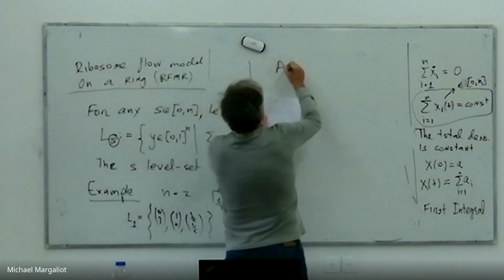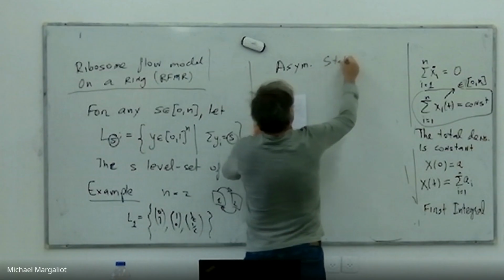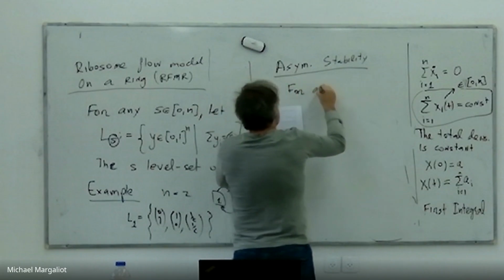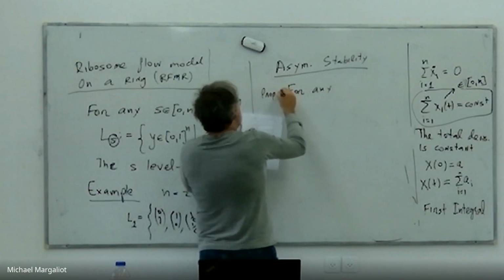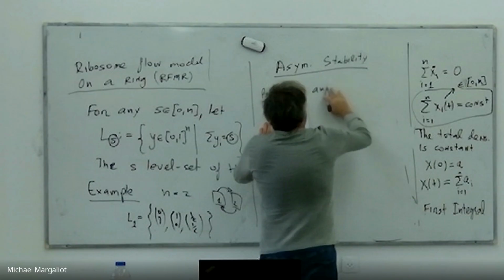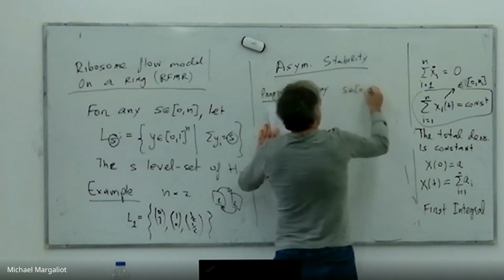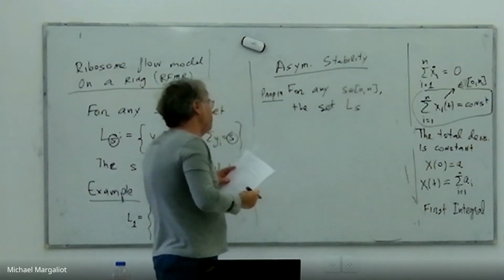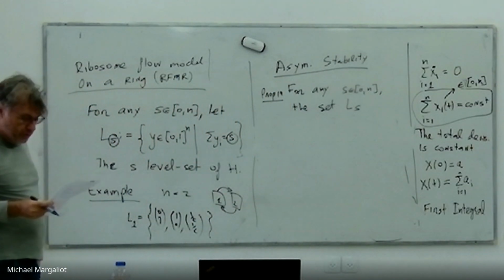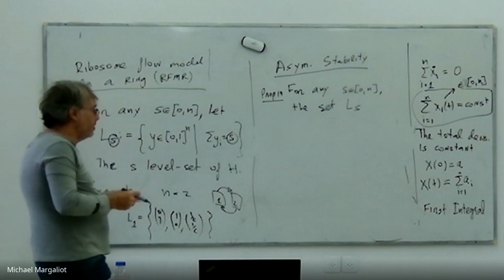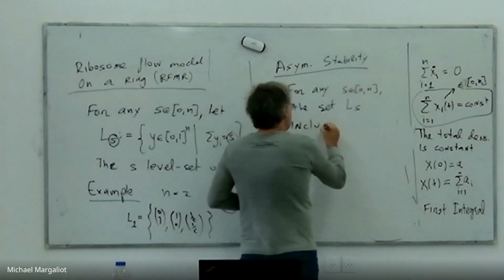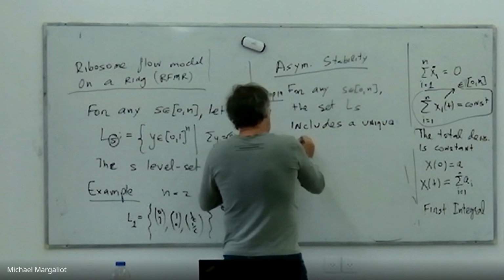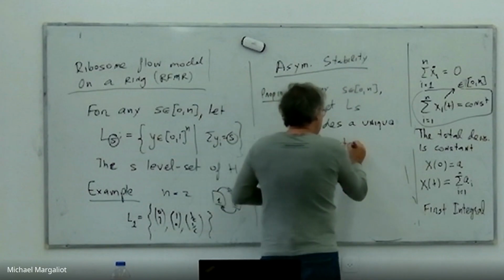LS are all the possible configurations where the total energy is equal to S. And now we can prove the following result on the RFMR. For any S, this is proposition 14 in the lecture notes I will send you. For any S in (0, n), the set LS, so again, these are all the configurations where the total energy or the total density is equal to S, includes a unique steady state ES.